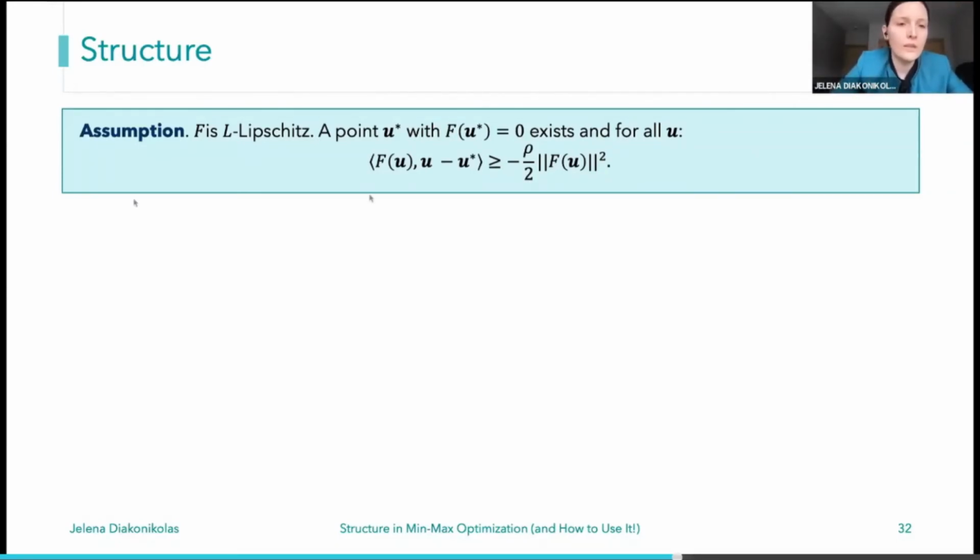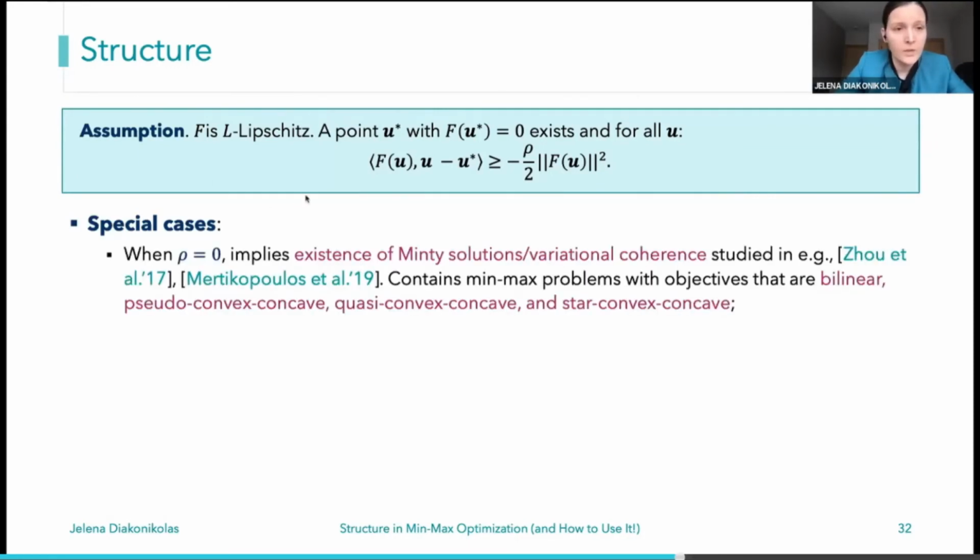We came up with a condition like this to define the problem class. It makes sense because in special cases, it gives things people have looked into before. In particular, if this parameter was 0 here, it is equivalent to saying that a weak solution or a Minty solution exists.